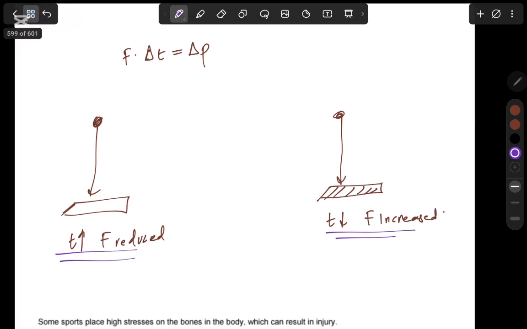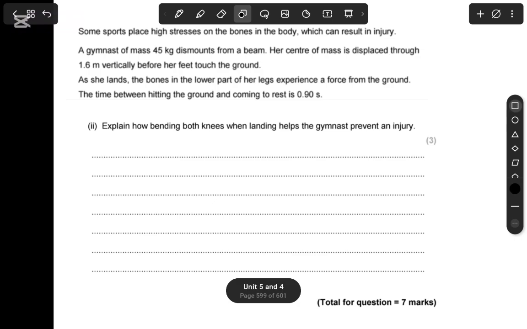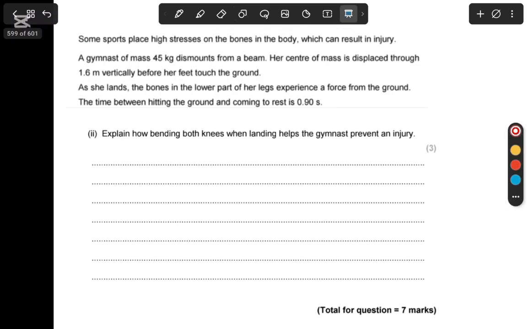There was one question where they talked about two electric cars colliding, and these cars had rubber around them as well. So that rubber deformed and increased the time of collision, so the force was reduced. Okay, so you can read this question here. It says some sports place high stresses on the bones in the body which can result in injury.